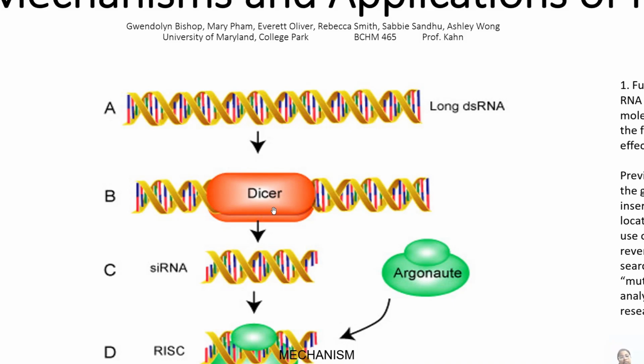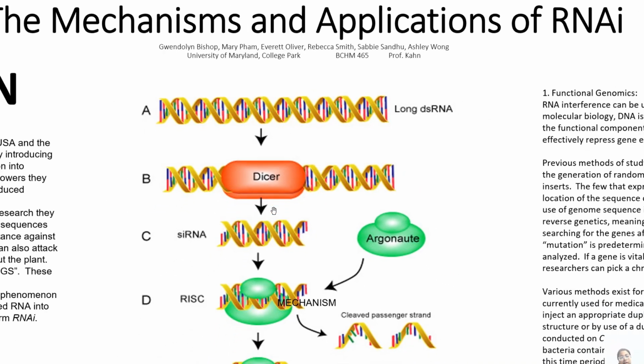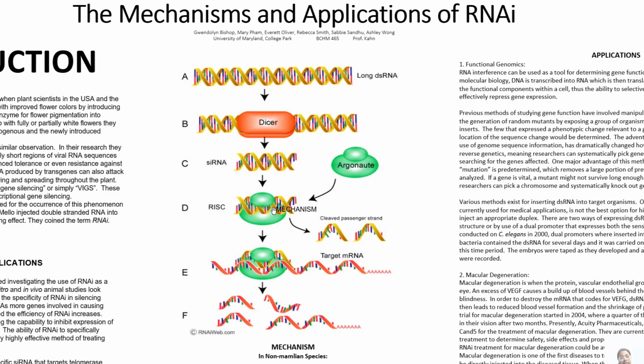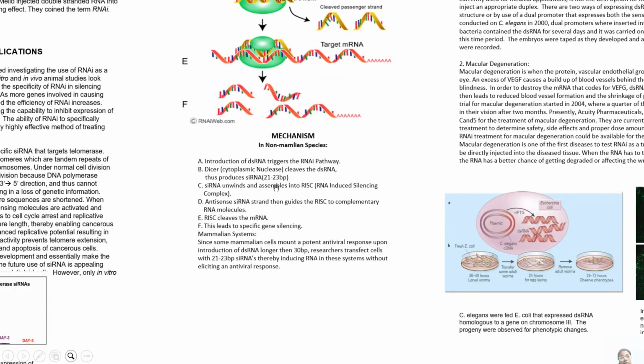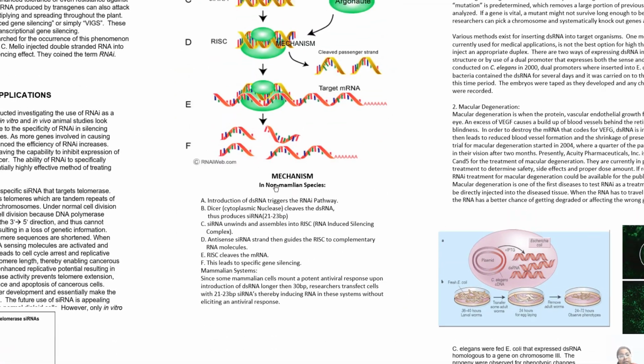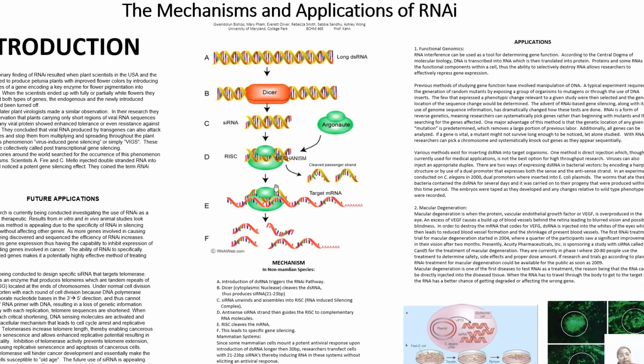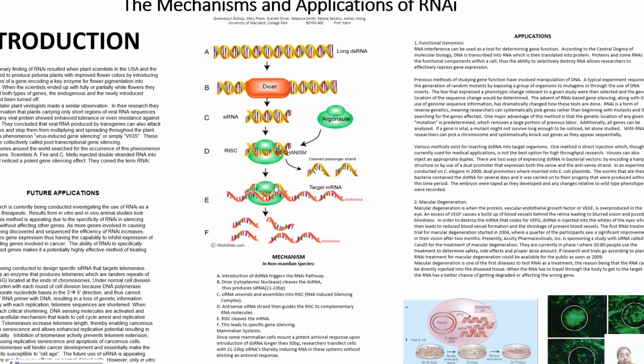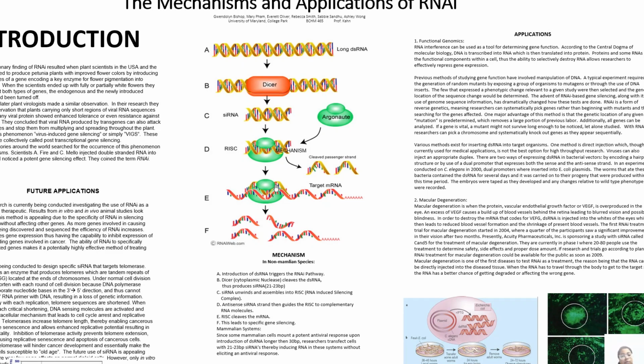So you see, this is a schematic of RNA interference. It's a mechanism basically. So what happens? Introduction of the double-stranded RNA triggers the RNA interference pathway. Dicer, which is in the cytoplasm and nucleus, cleaves the dsRNA and produces siRNA, short interfering RNA, which then unwinds and assembles into RISC, the RNA-induced silencing complex.